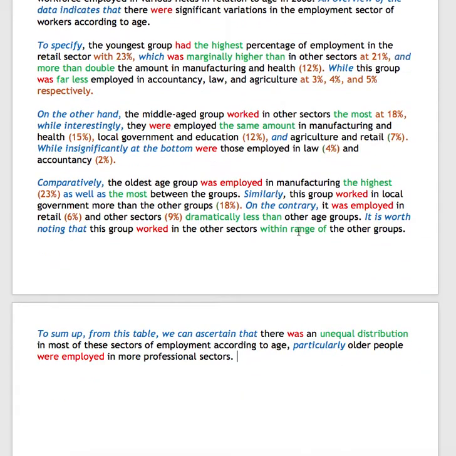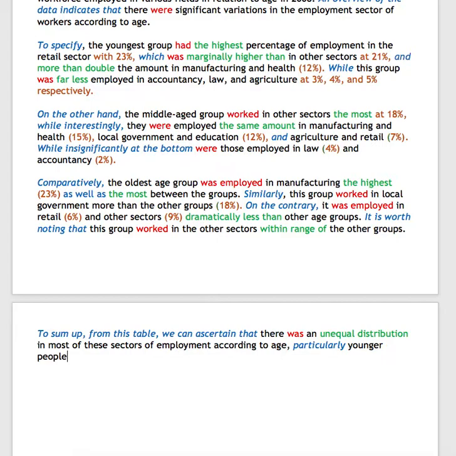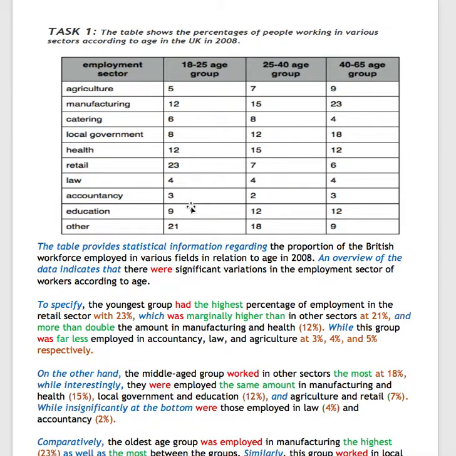I would say that there was an equal distribution in most of these sectors of employment according to age. Particularly, I would change that. I would say younger people were employed in health, it looks like here.